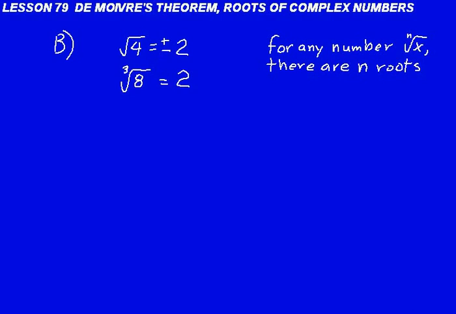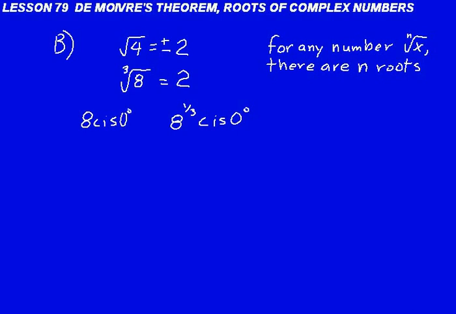So how could we find those other 2 roots of the cube root of 8? Well, let's just think about how we could write the cube root of 8 in complex form. We could just say 8 to the 1/3 power cis of 0 degrees. Let's start with just the 8 itself, 8 cis of 0 degrees.